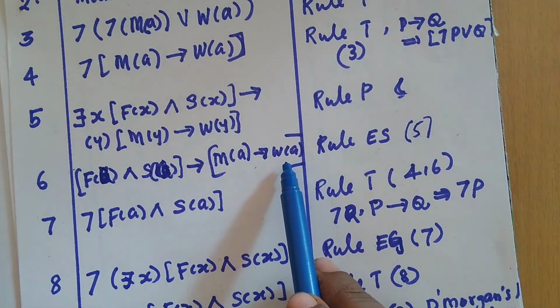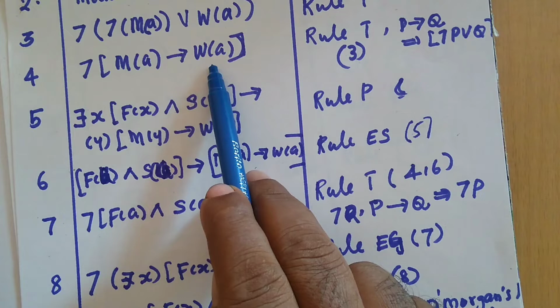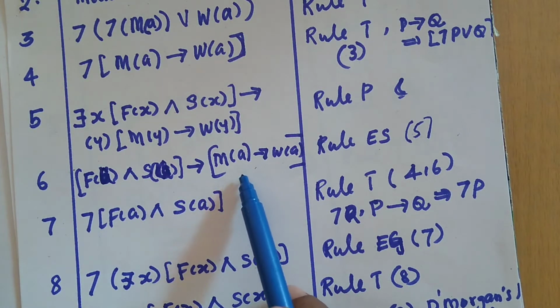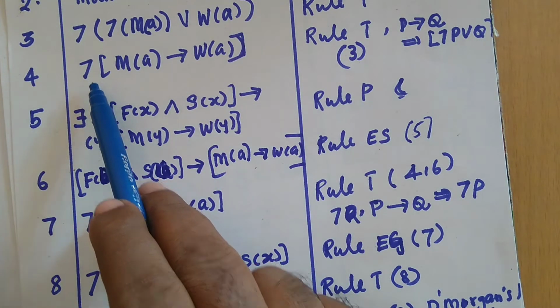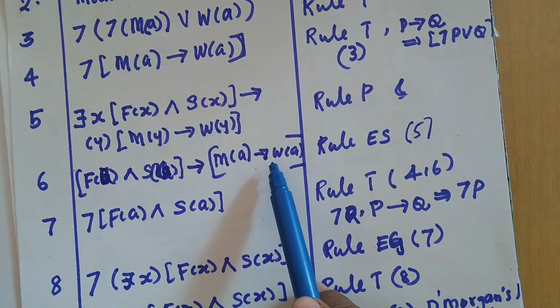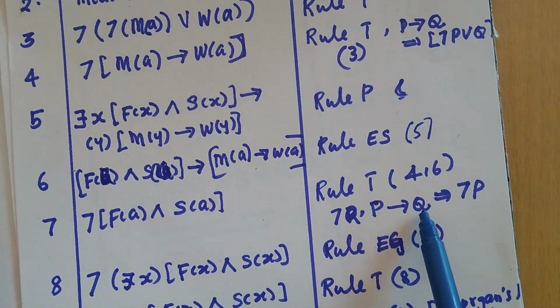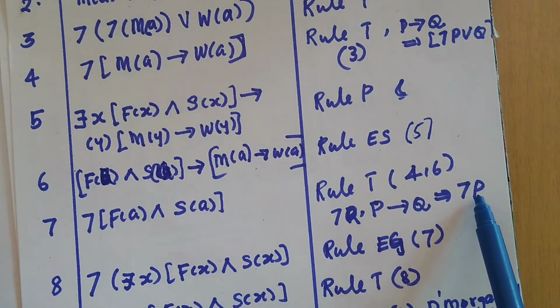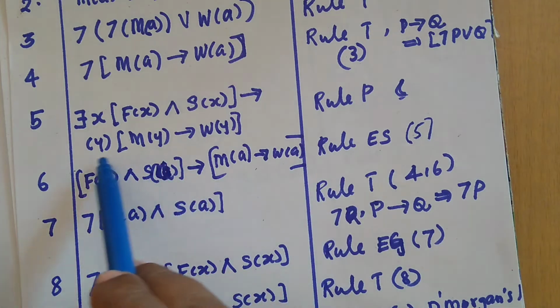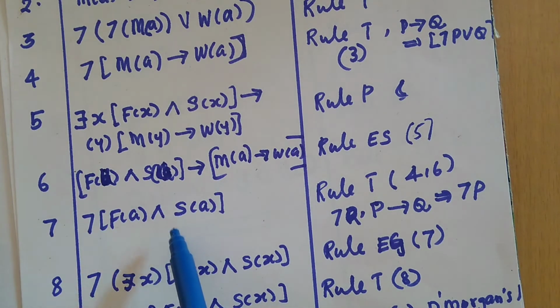Two things: if you take this as P, then this is negation of negation, which cancels, giving M of a implies W of a. So what we get is negation Q, comma, P implies Q, that implies negation P. So the answer is negation of this one, that is negation of F of a and S of a.